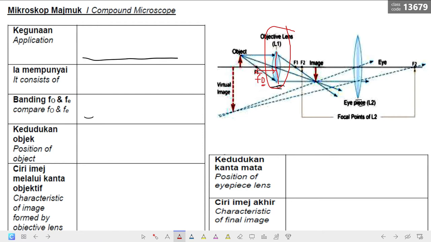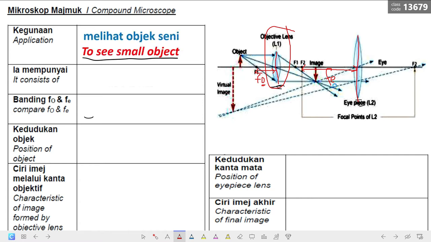FE is the focal length of the eyepiece lens, from here to here. So this is FO and this is FE.